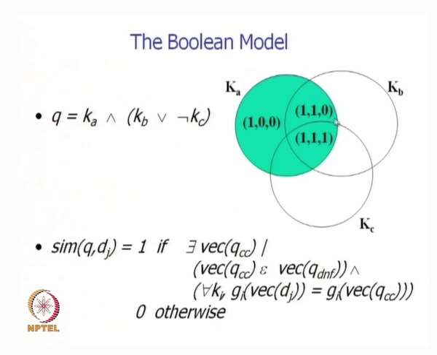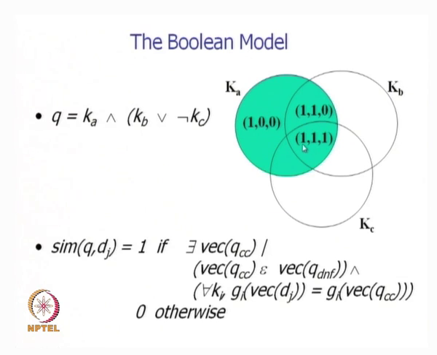Now, we can picturize the query as follows. It is as if Ka, the first keyword, has a region of influence shown as the blue circle, Kb has a region of influence, and Kc again has a region of influence. The area where these regions of influence intersect indicates the presence of all three, Ka, Kb and Kc.